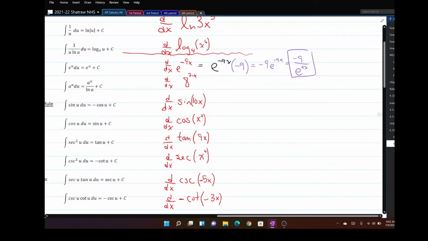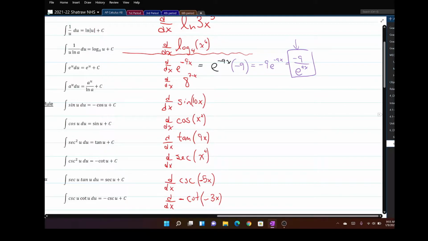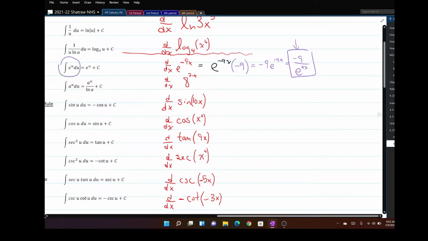It's important because one day I'm going to ask you to integrate that. And you're going to have to know, oh, hey, that's really just a chain rule piece that's on top, and I could use the negative exponent rule and move that back up into the numerator and find that integral. So then now I'll introduce to you that the integral of e to the u du is still just e to the u.